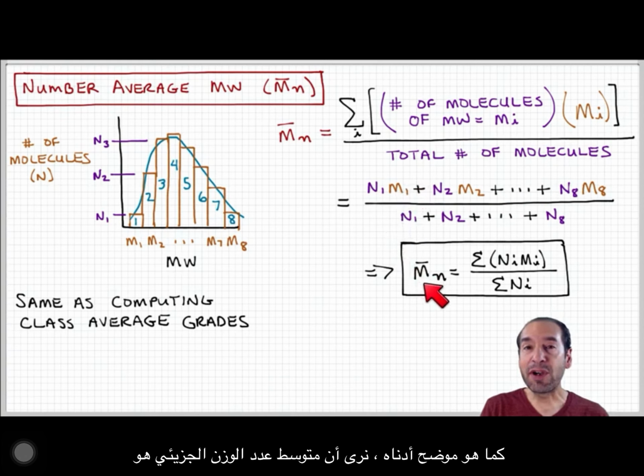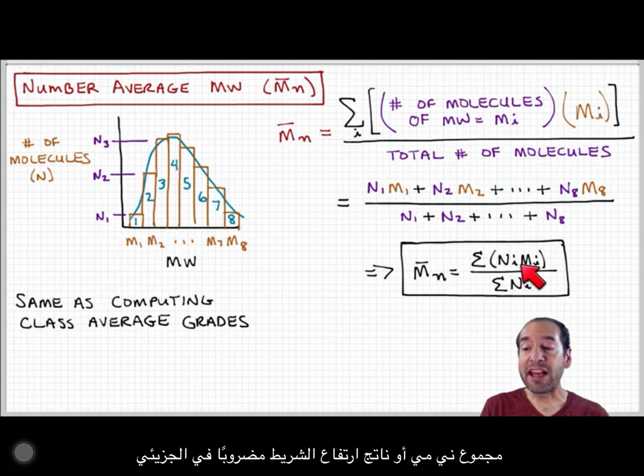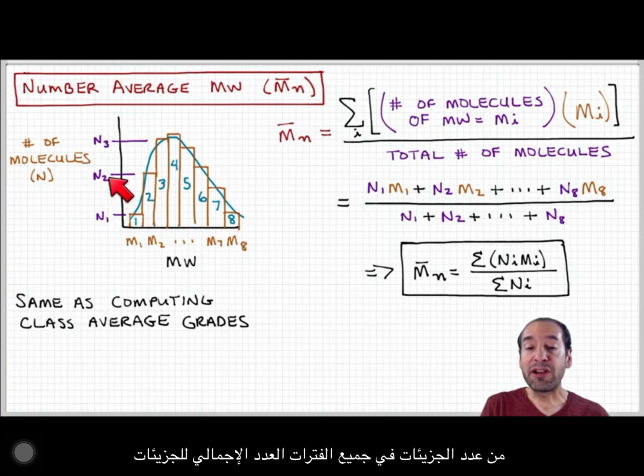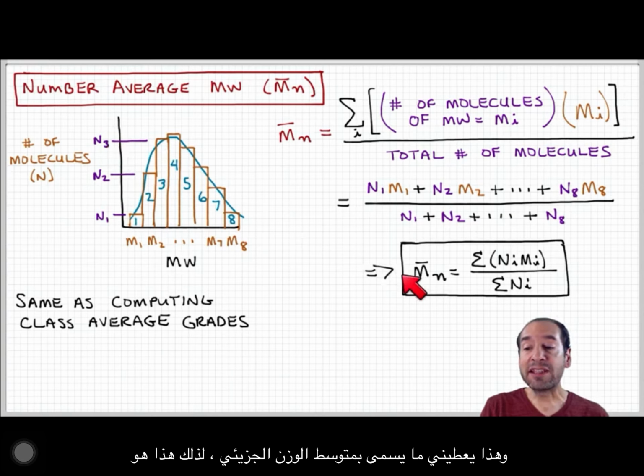We see that the number average molecular weight is the sum of the N_i M_i, or the product of the height of the bar times the molecular weight associated with that interval across all the intervals, divided by the sum of the number of molecules in all the intervals, the total number of molecules. And this gives me what's called the number average molecular weight.